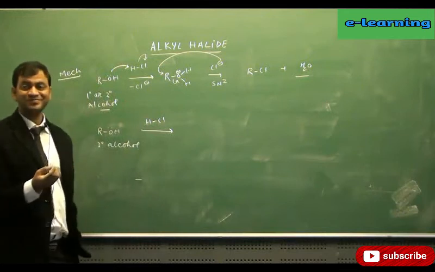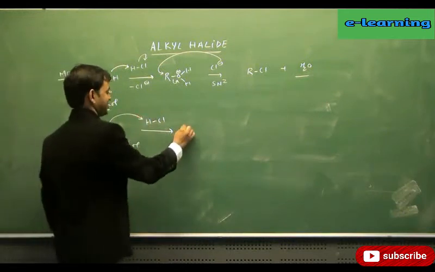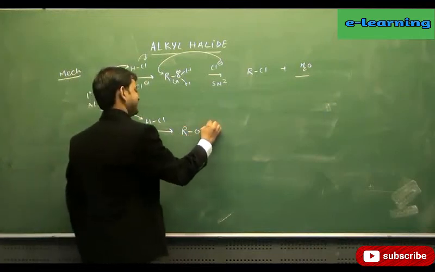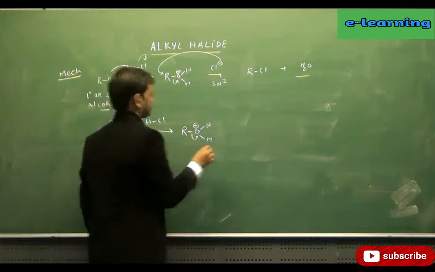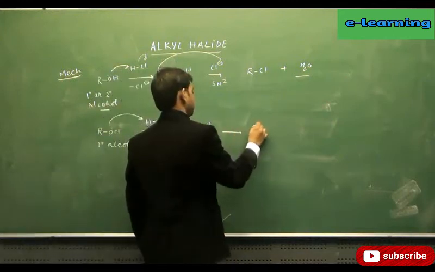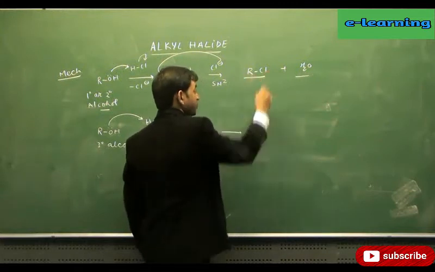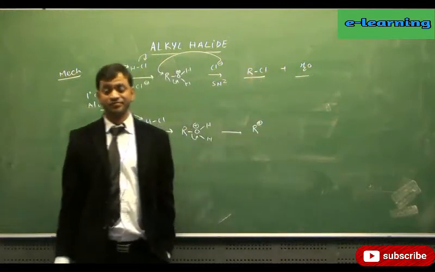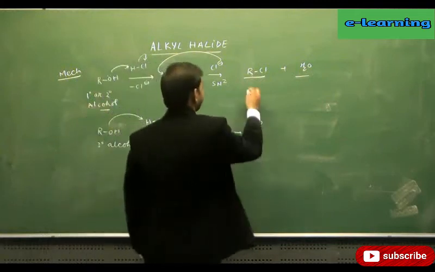Are you getting or not? Yes? It's a very important reaction. We can easily distinguish these alcohols on the basis of turbidity. Actually, the turbidity we obtain is of alkyl halides, due to this alkyl chloride.